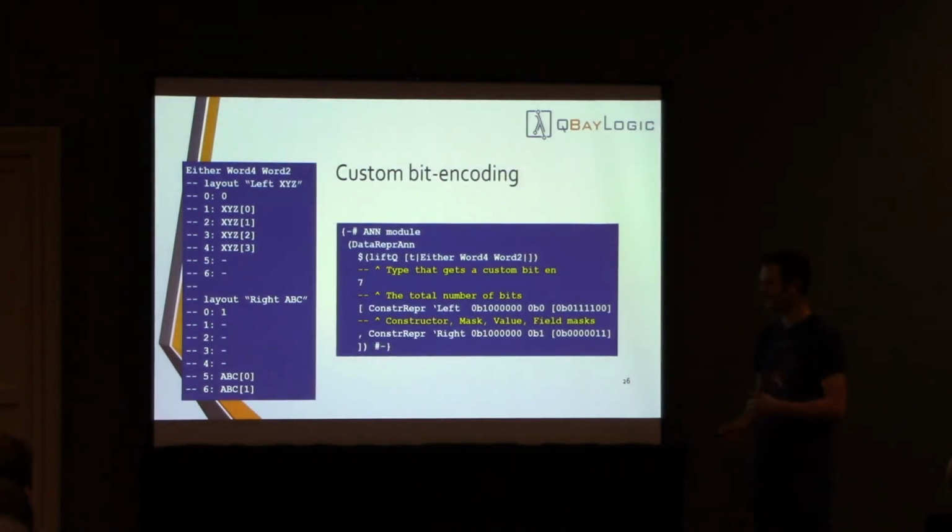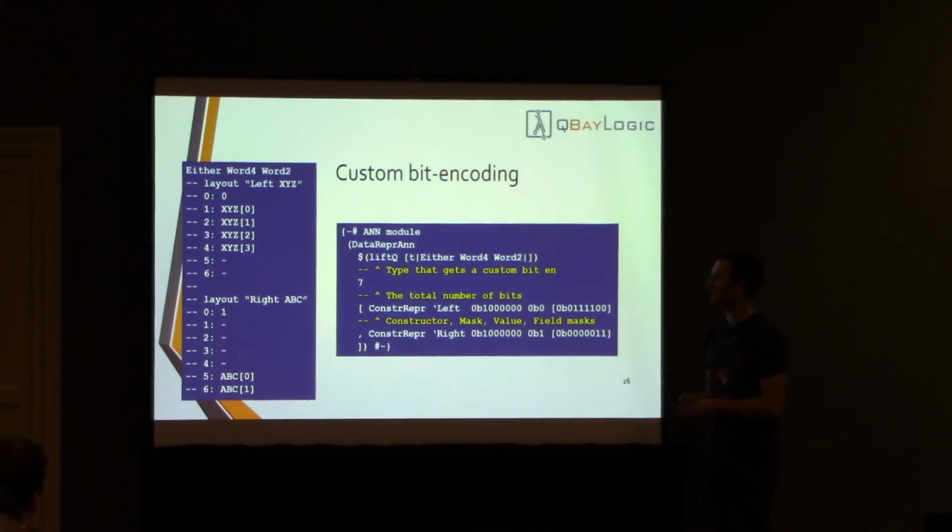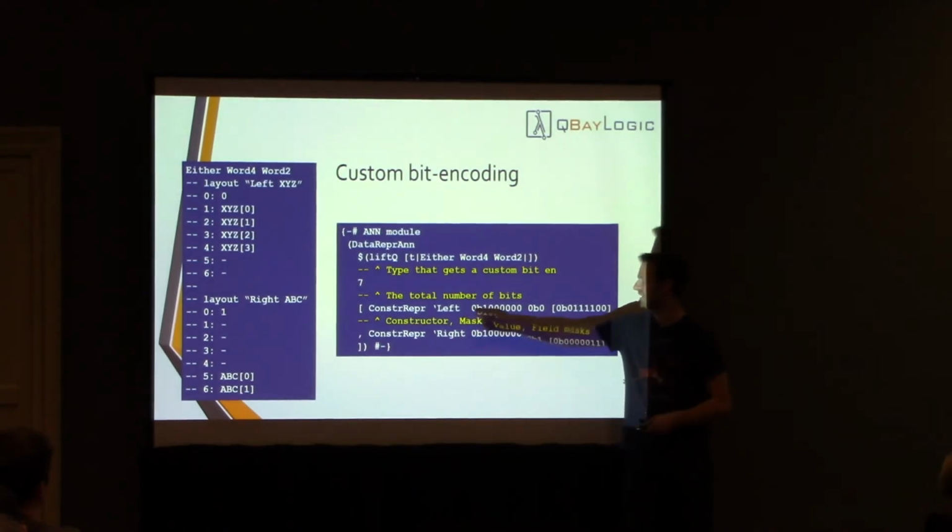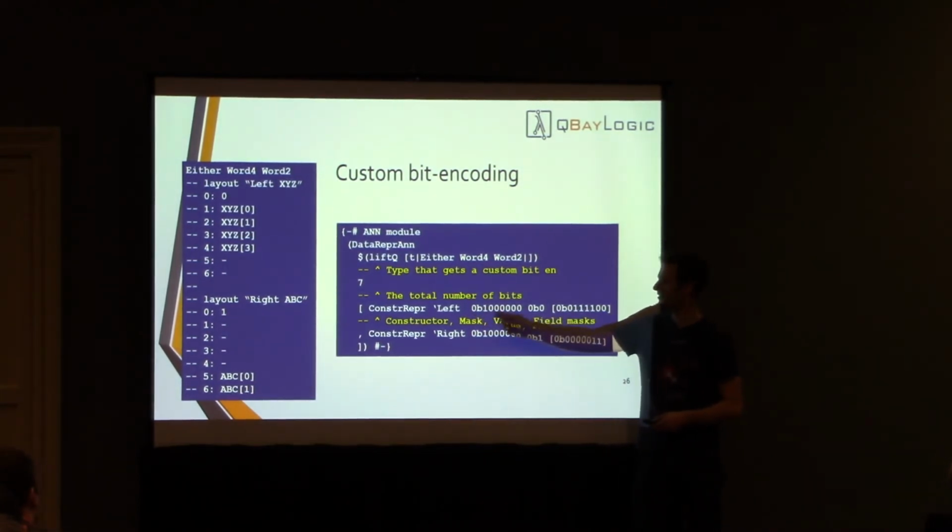And so how does that work in Clash? Well, you can say, I want to annotate the type Either Word4 Word2. I want to say that it uses 7 bits. And then I want to say that for the constructor Left, I want to use the top bit to distinguish the constructor.